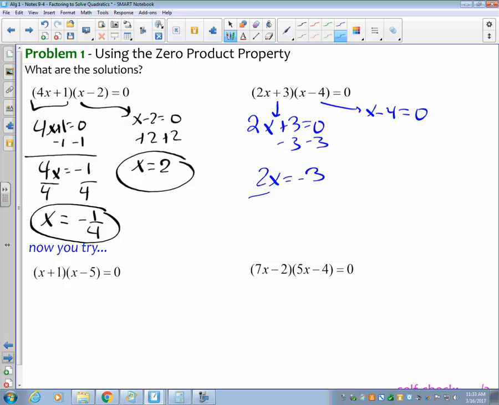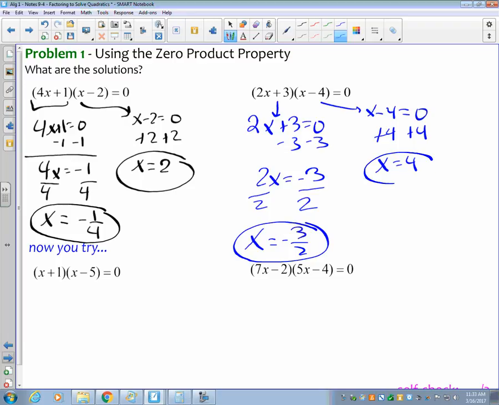Then we divide by 2, and we are not afraid of fractions. So x is equal to -3/2. Add 4 to both sides. So the answer to this problem is x equals -3/2 and x equals 4.